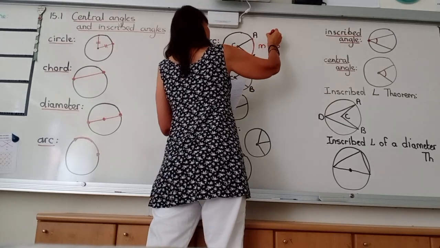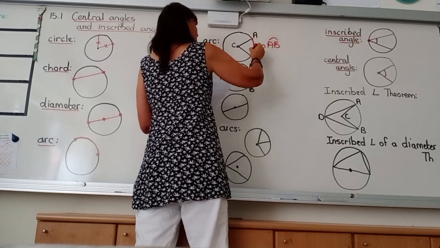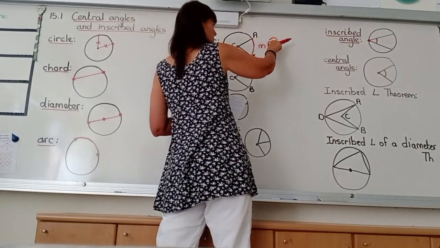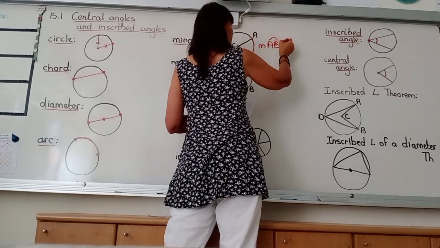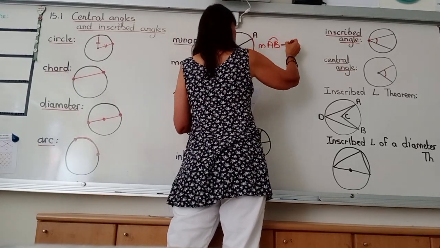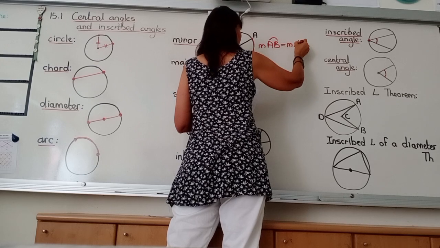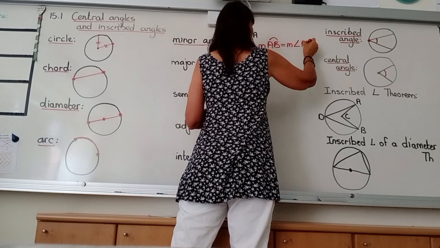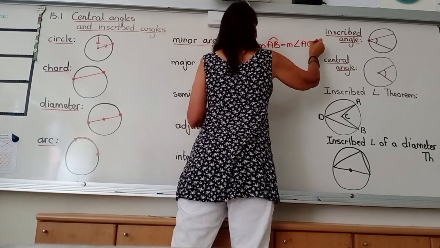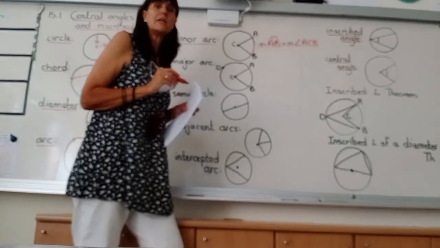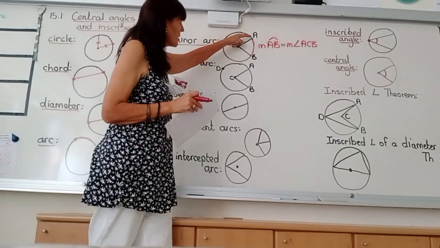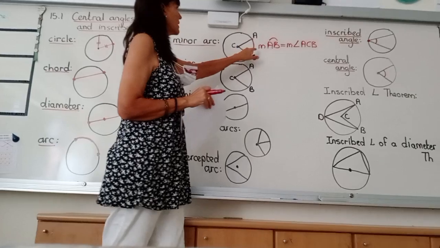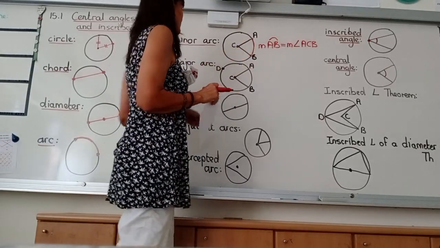Okay, this arc, indicating to ourselves it's part of the circle, the measurement will be exactly the same as the measurement of the angle ACB. And this angle we will measure in degrees, so this minor arc will also be in degrees. They equal: this angle and the minor arc.